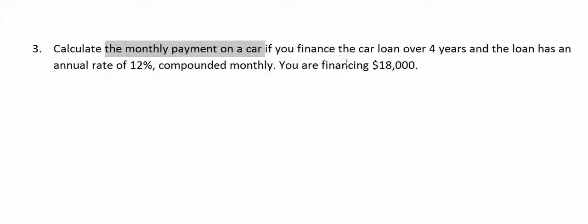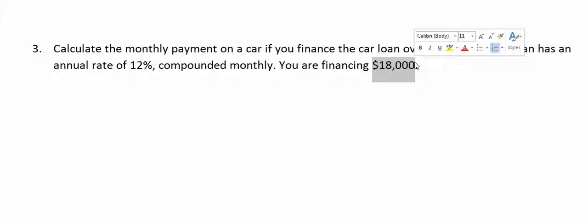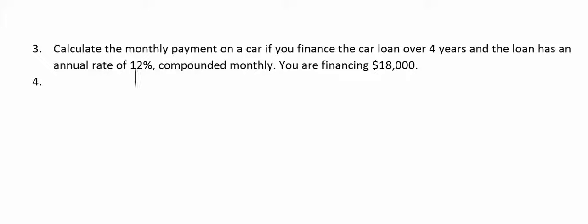In this case, you would determine that by looking at this number. This is how much you're borrowing today, and then you're going to make payments on it in the future over the next 48 months. It's this number that determines whether you use present value or future value annuity tables. This $18,000 occurs in the present compared to when your payments will be. So I use the present value of an annuity table.